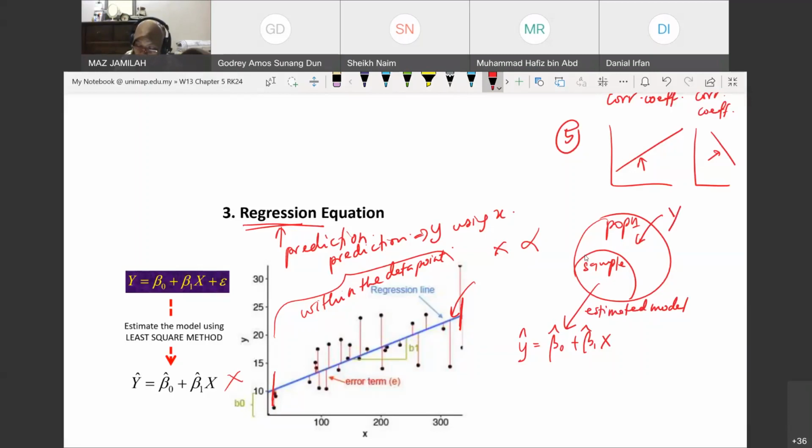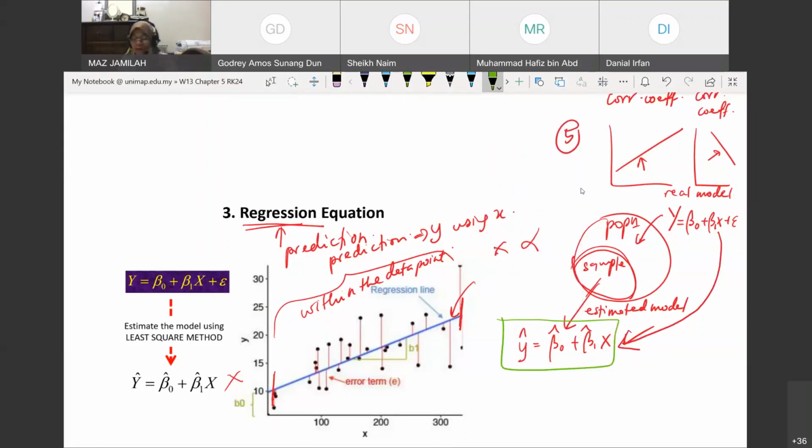That will be capital Y equal to beta naught plus beta 1 x plus epsilon. So this is your real regression equation. But since we are dealing with our data, based on our data we are going to have our regression equation for our sample data. So that's why we are estimating our real model using sample data, and this is the thing that we are going to discuss a lot afterwards.